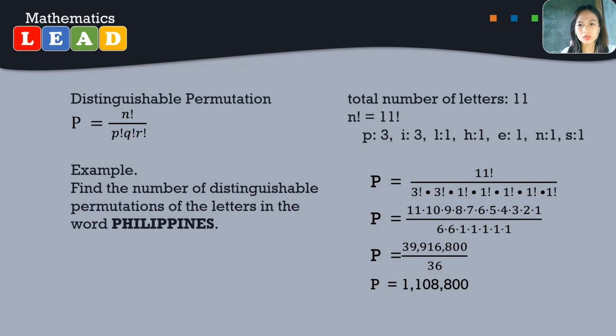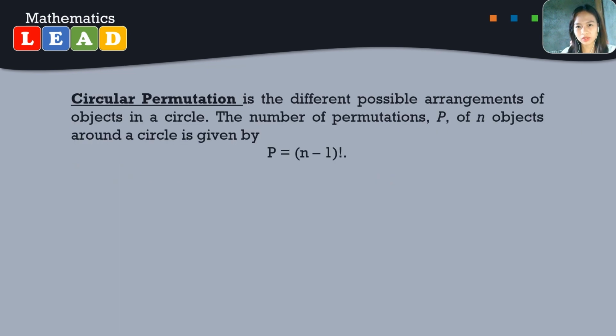And if we lowest term it, we will have 1,108,800. Therefore, there are 1,108,800 distinguishable permutations in the word Philippines. Got it? That's nice.